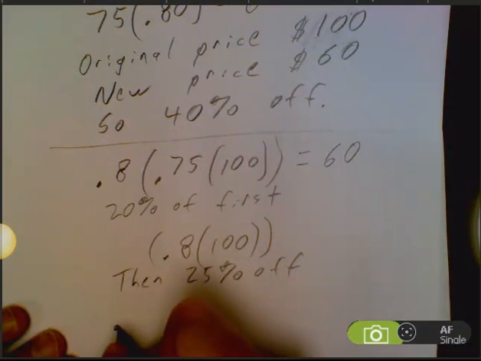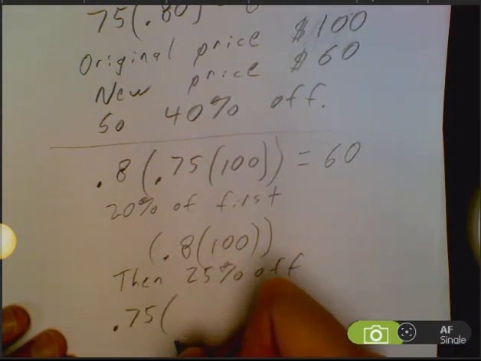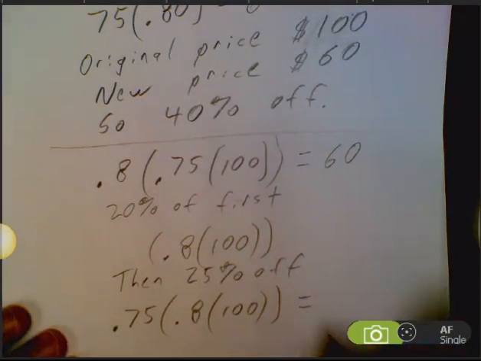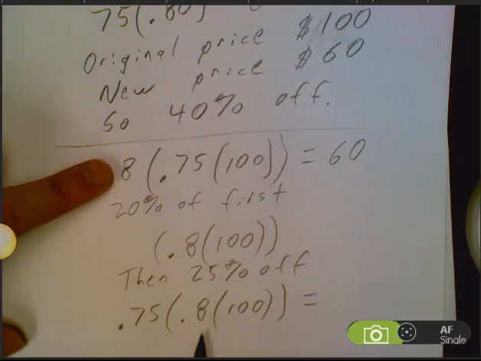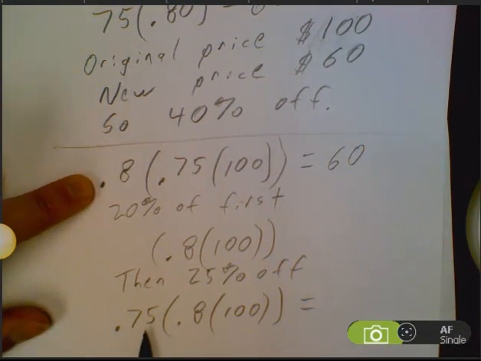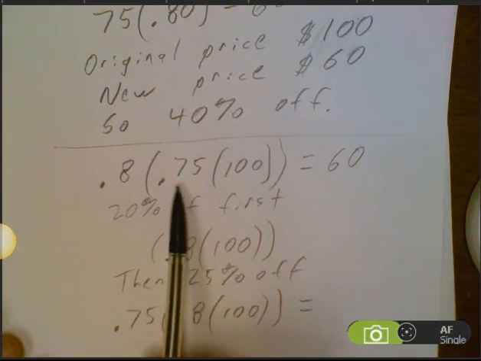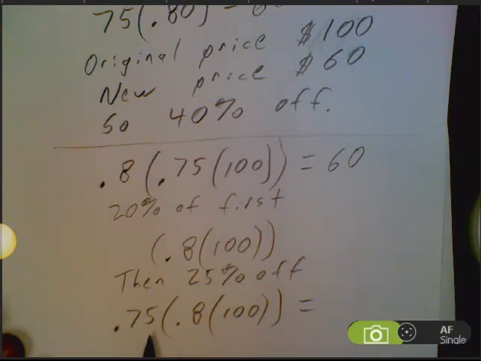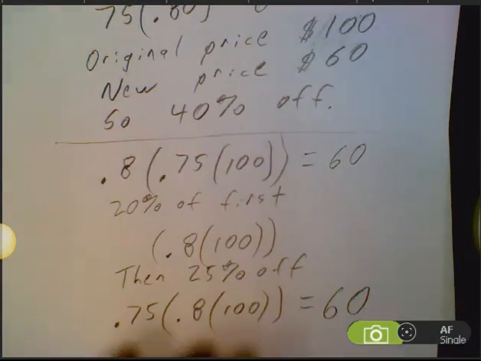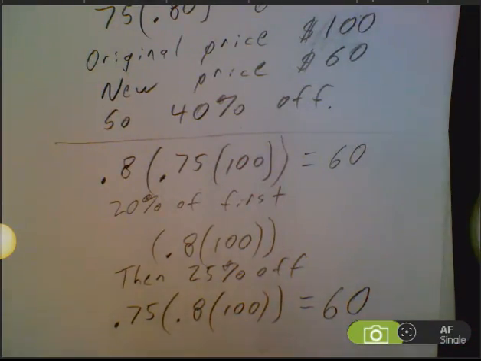So we'd have altogether 0.75 times 0.8 times 100. And again, we know that these are going to be the same because multiplication is commutative, meaning if we were to reverse these, we'd get the same answer. So we already know that it's 60. So yeah, the order that you do the markdowns does not matter. Hope this helps.